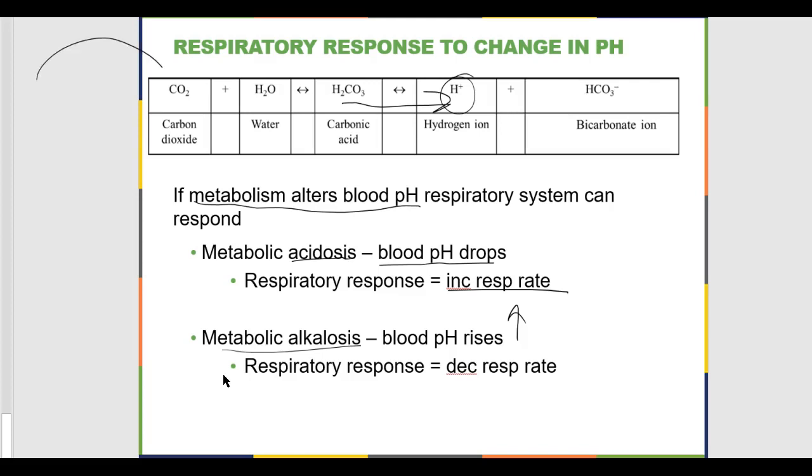So you need to load CO2 onto this side of the equation, which will push this equilibrium in that direction, forming more carbonic acid, which will then push this equilibrium in the right-hand direction and make more hydrogen ions. This will bring your pH back down and restore proper levels.